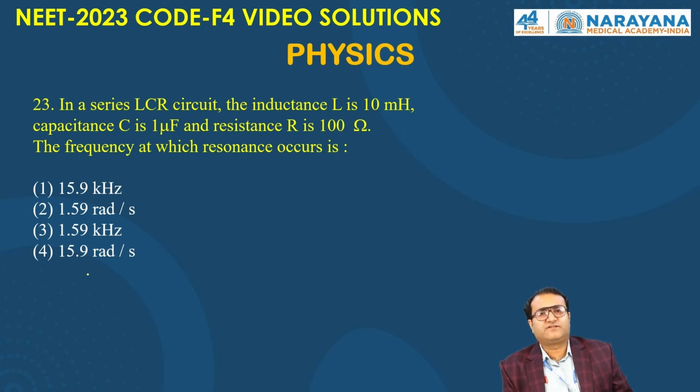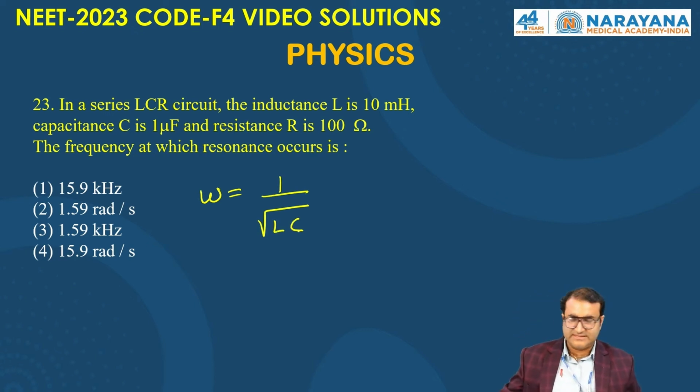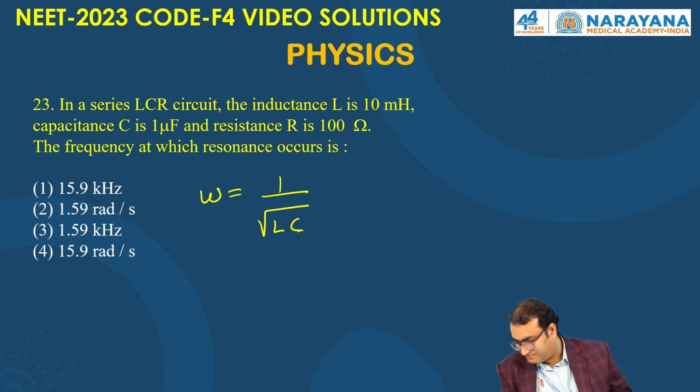So frequency at which resonance occurs, omega, we have a formula, it is 1 by under root of LC. L is 10 millihenry.